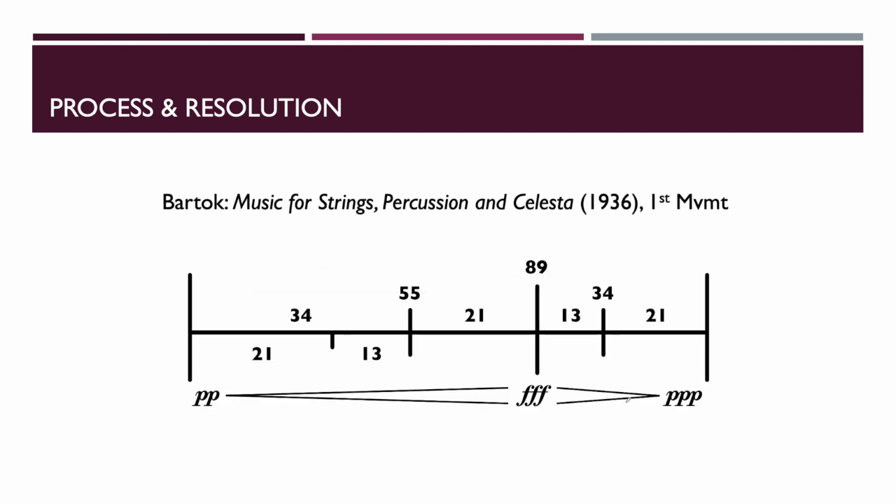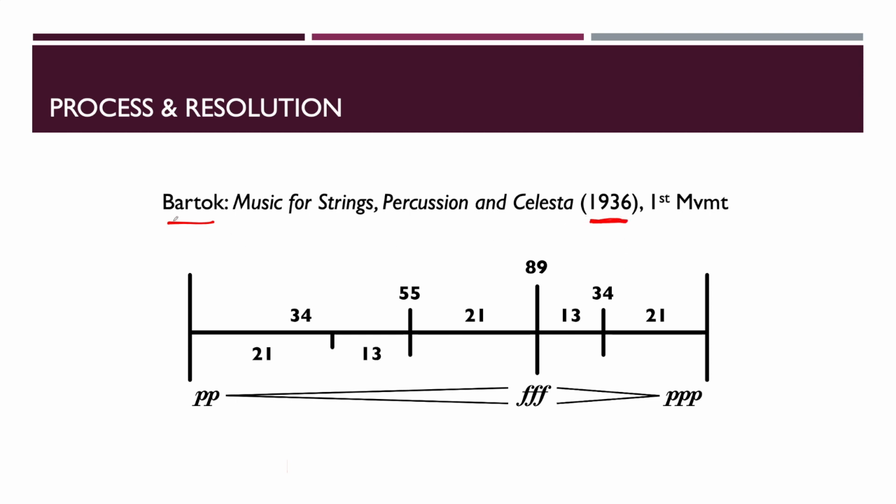An example for this process is from Bartók, Music for Strings, Percussion and Celesta. It is a very famous work. By the way, that was also a commission by Paul Sacher. Paul Sacher, remember the Sacher hexachord? He was a very important person for the music of the 20th century.